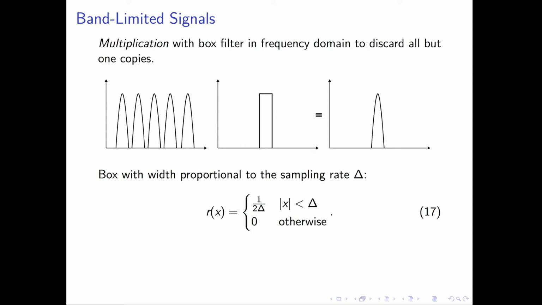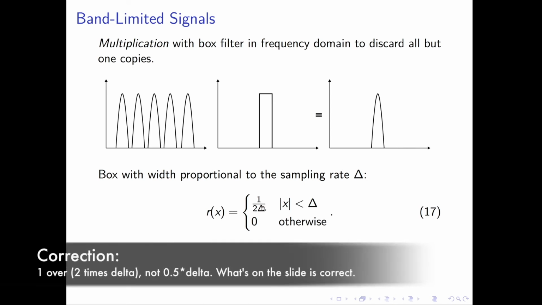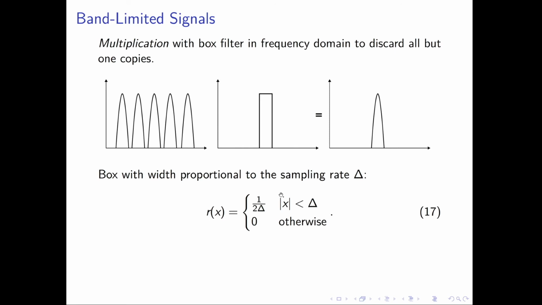This filter just happens to be a box filter, and the box filter's support is proportional to the sampling rate of the Shah function. So the box extends by 1/2 times delta to the left and to the right.